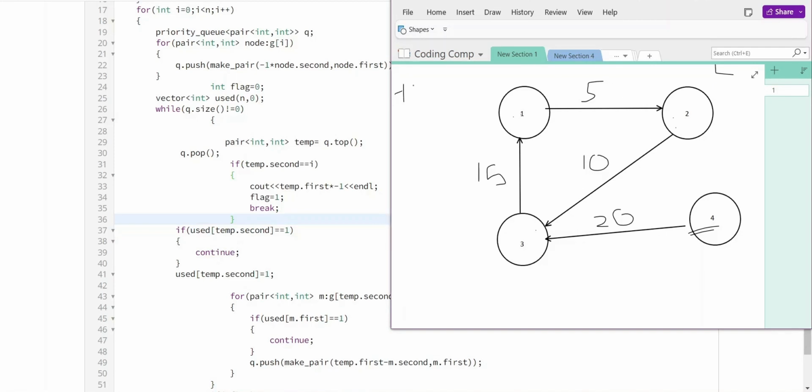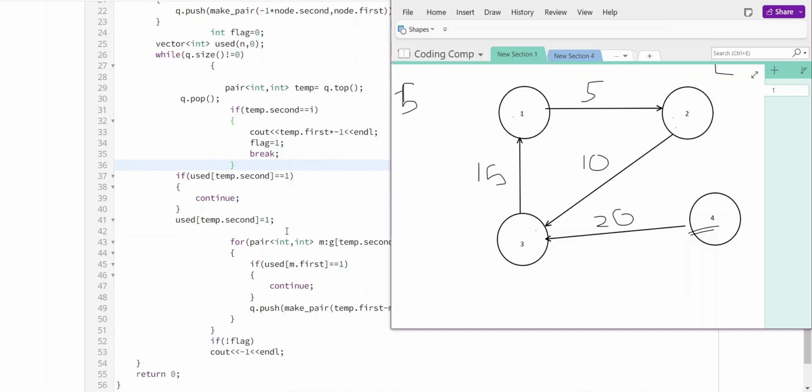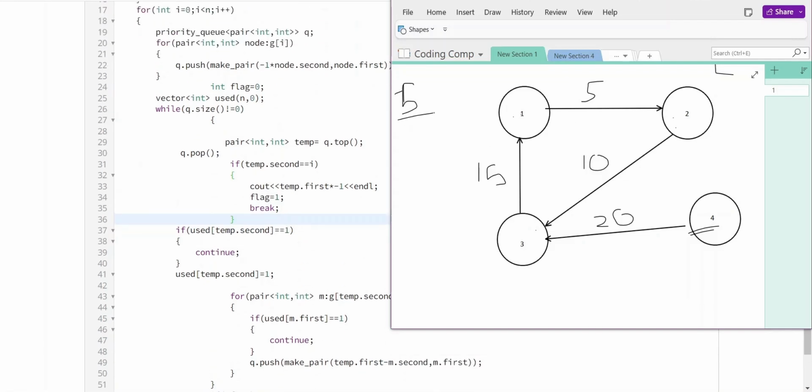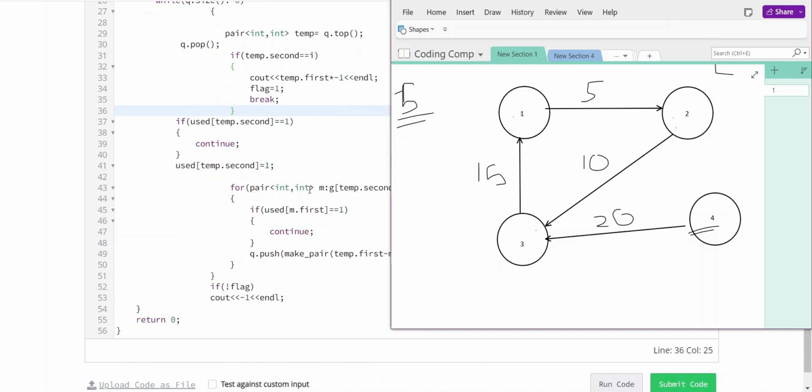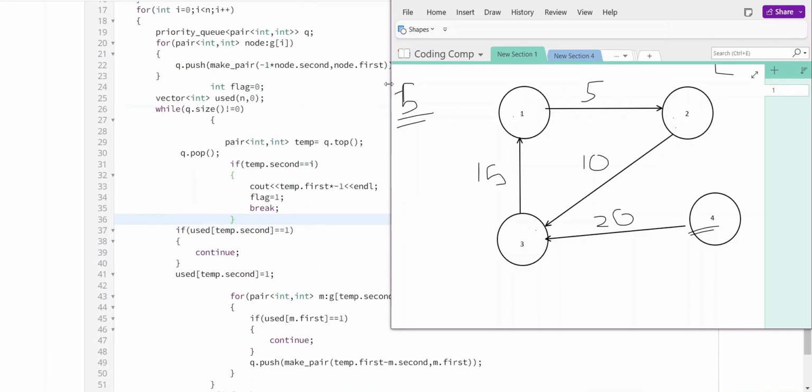So the value inside the priority queue right now would be -5. This is obviously the smallest value and the only value associated with 1, so we don't have any value to compare it with. The priority queue has only one value. After that, 2 is now pointing towards 3.